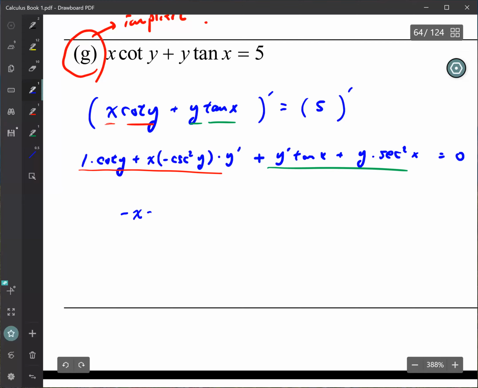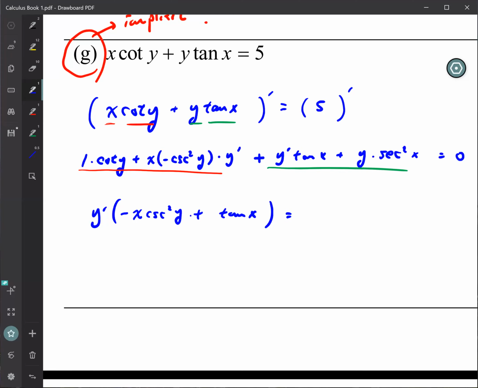Negative x cosecant squared y prime. They both have y prime, so I'm gonna factor it out. And then plus tangent x. Okay, what should be on the right side then?